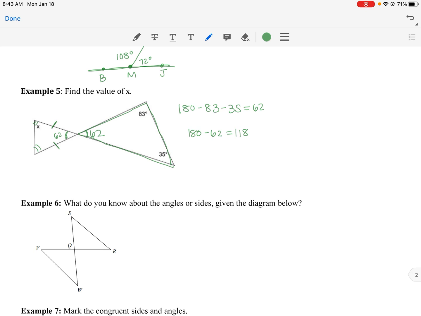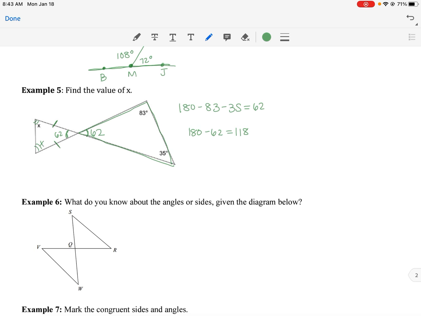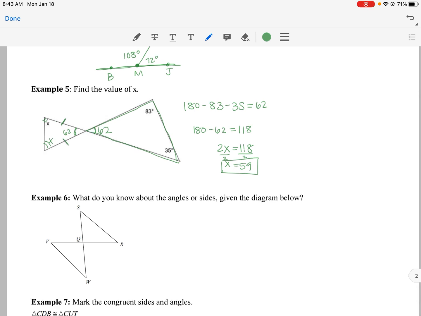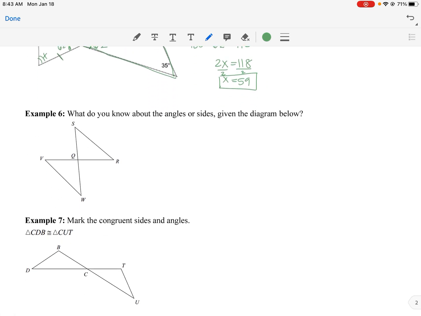And both of these two angles, if that's x, this is also x. So I've got two x's that have to equal 118. So as I divide that by 2, I end up with x equals 59. So each of those angles at the bottom would have to be 59, because 59 plus 59 plus 62 gives me 180 degrees for that second triangle.